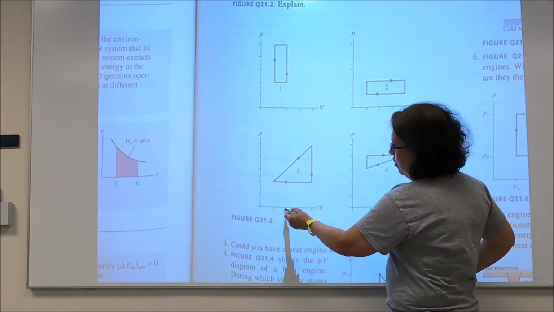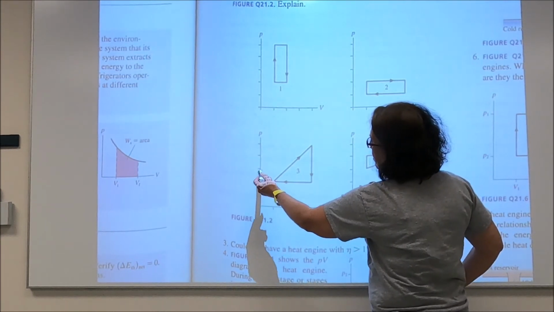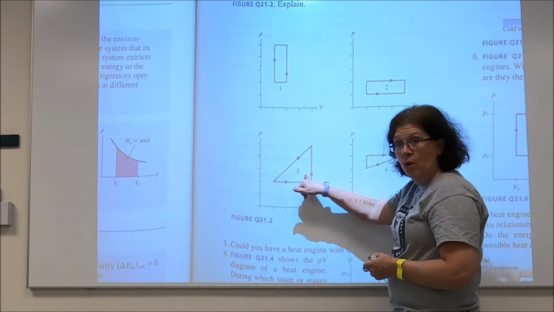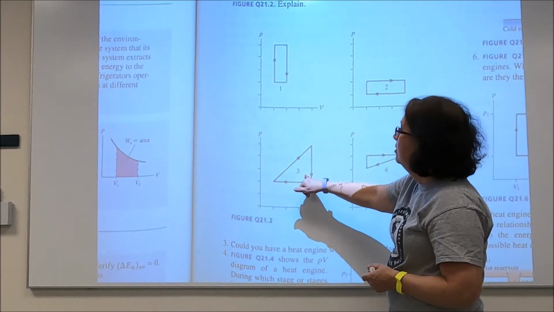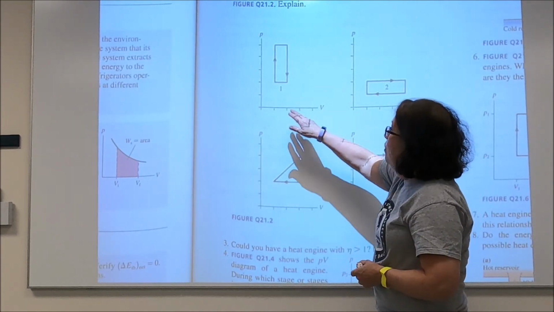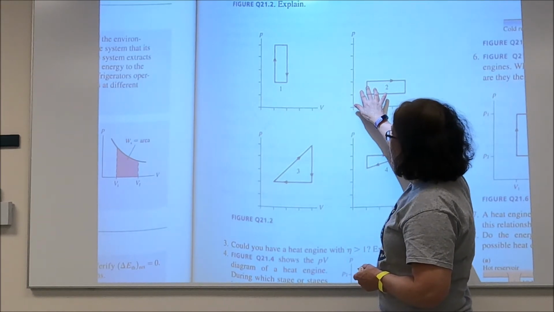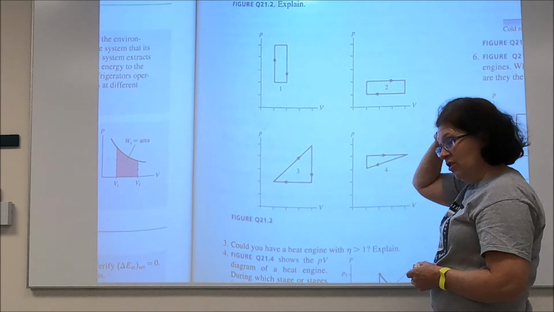And if I look at the third one here, I've got 3 by 3, that's 9. Half of 9, that's 9 halves. This one's the most energy out. So 4 is the smallest, 1 is next, which equals 2, and 3 is the largest.